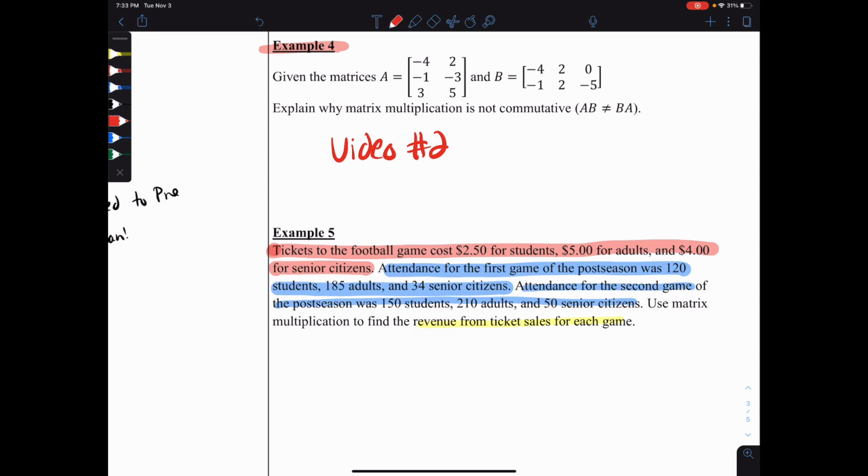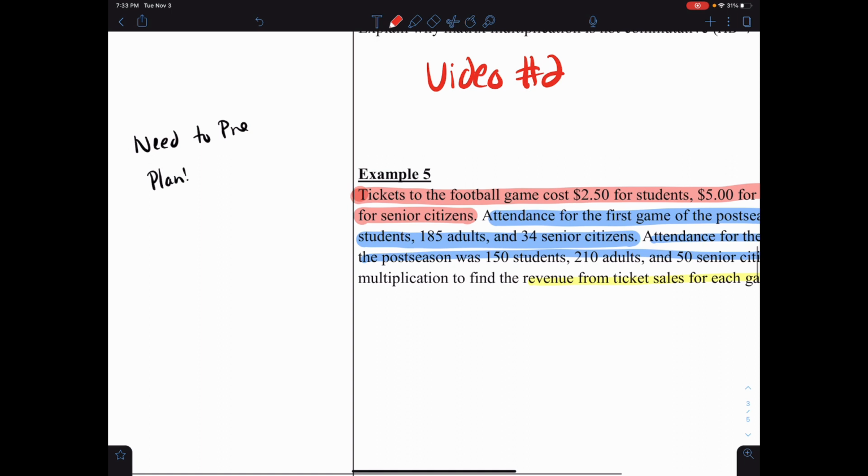So when we think about starting to use a matrix to solve these word problems again, what I mentioned is you have to pre-plan. So what I mean by that is with the tickets, I don't know if I should list it, the students, the adults, and the senior citizens, or if I should list it as the students, the adults, and the senior citizens, right? So what I recommend doing is just thinking about the options that you could do.